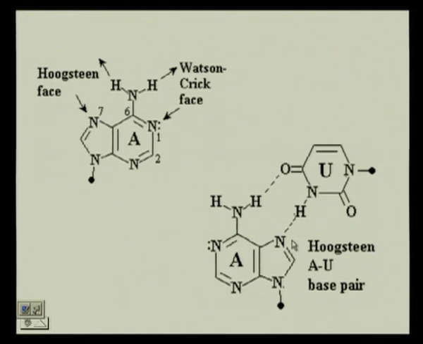Hoogsteen base pairing. Okay, that is essentially what we have to recognize. And when we see Watson-Crick base pairing, in this case what would happen? The linkage would be on this side, because it would be the 6-membered ring that would be involved in the base pairing. So, we have a Watson-Crick face, we have a Hoogsteen face. Okay. But by far it is the Watson-Crick base pairing that is the most important.